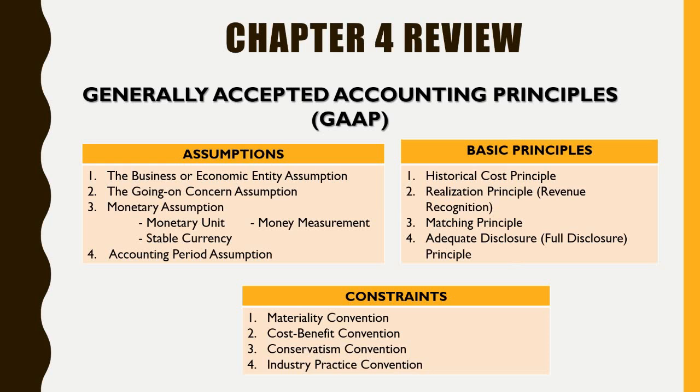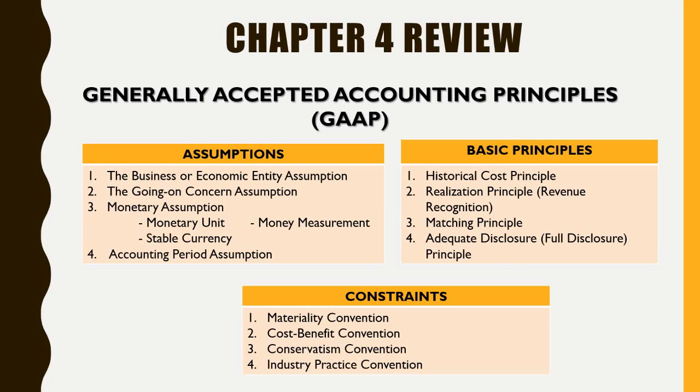For this class, I will not be testing you on anything that has to do with constraints, because all of these things are more along the lines of managerial accounting. This is where you need to make a decision: do you need to record it or not?